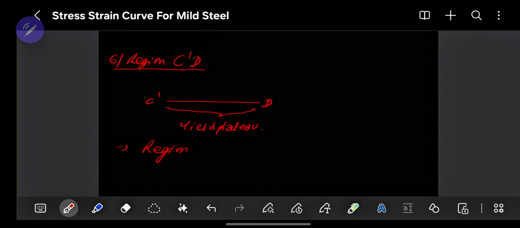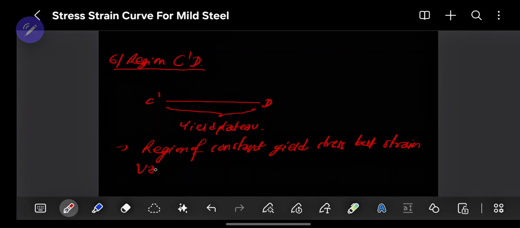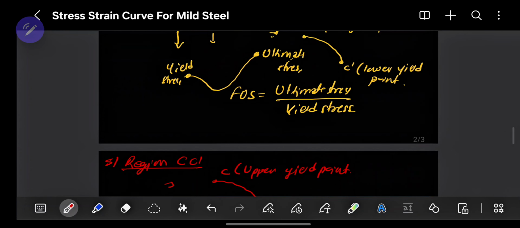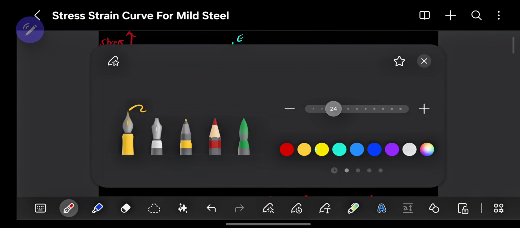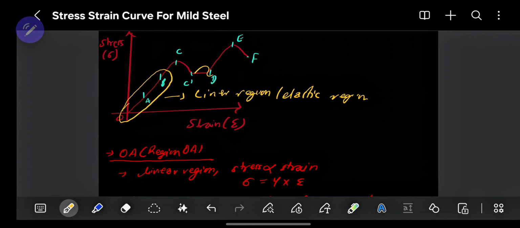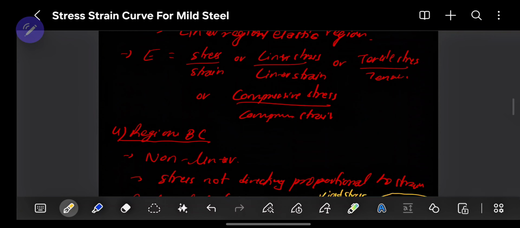Here this is the region of constant yield stress, but the strain varies, as we can see from the curve. So here in this curve we can clearly see that stress is constant, but the strain is varying.